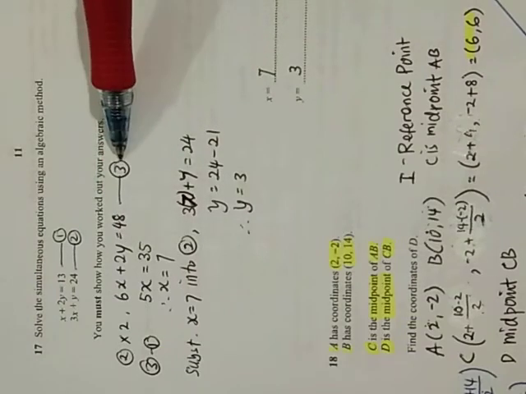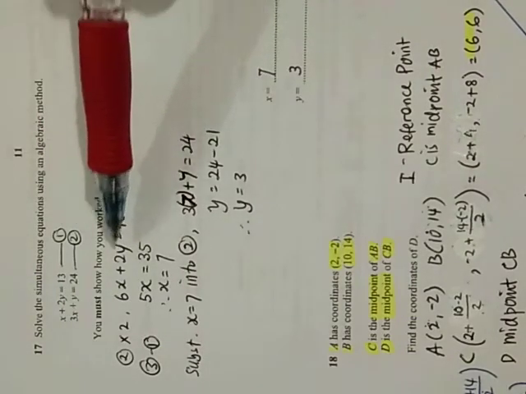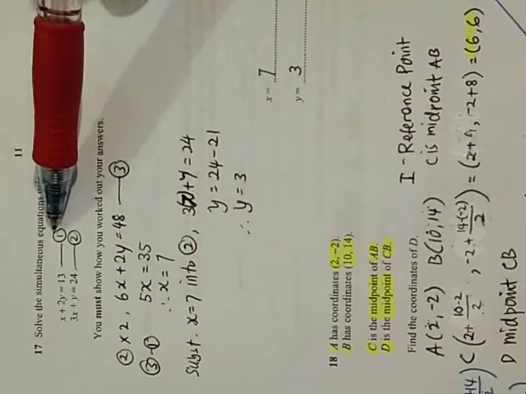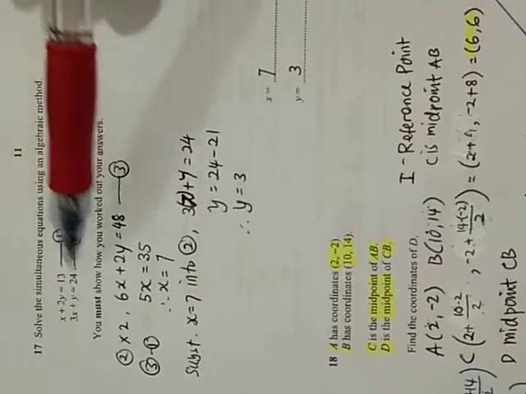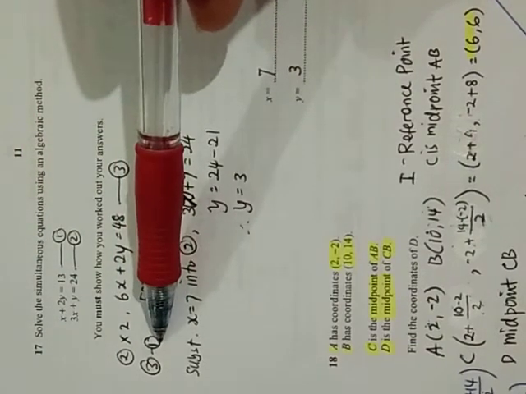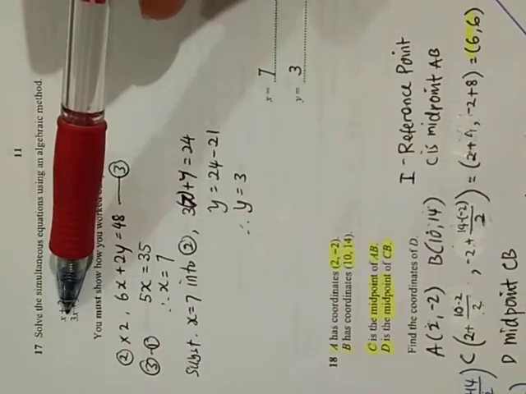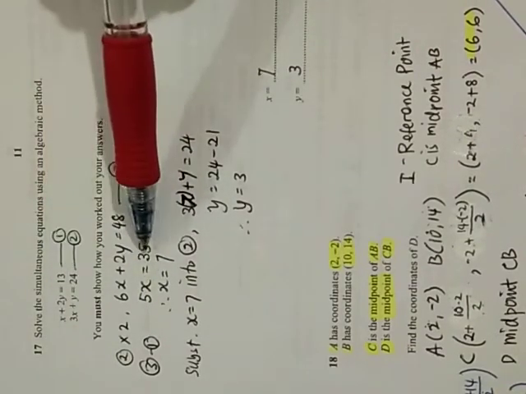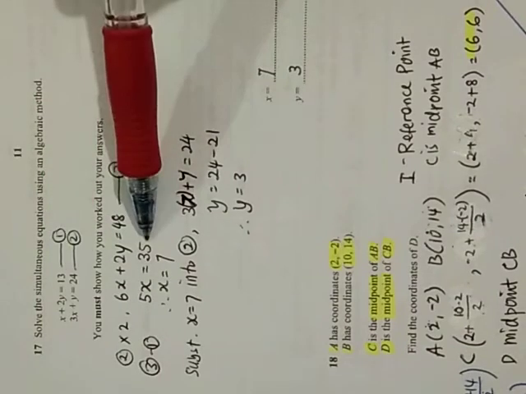So you get this equation to be the third equation. Now you have the same 6x plus 2y, and you compare it with this one. Subtract the third equation by the first equation, you get 5x, since 6x minus x is 5x. And that will give us 48 minus 13, 35.